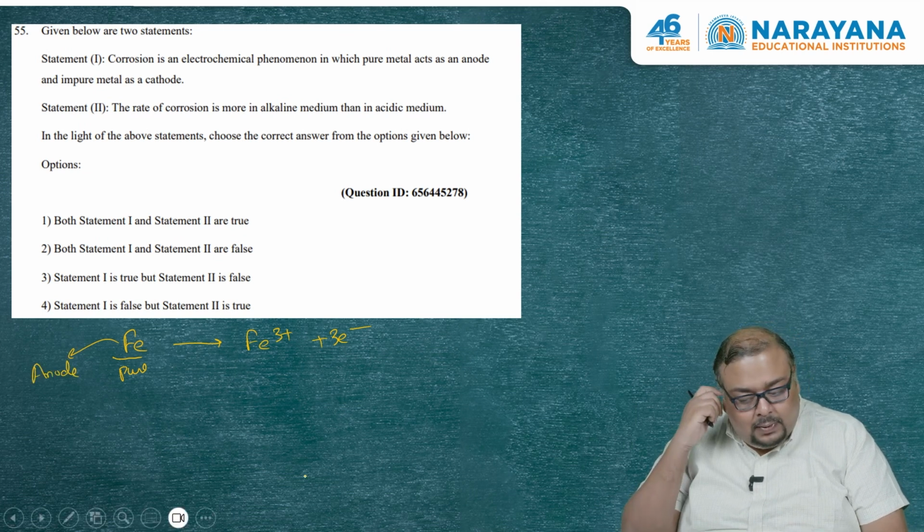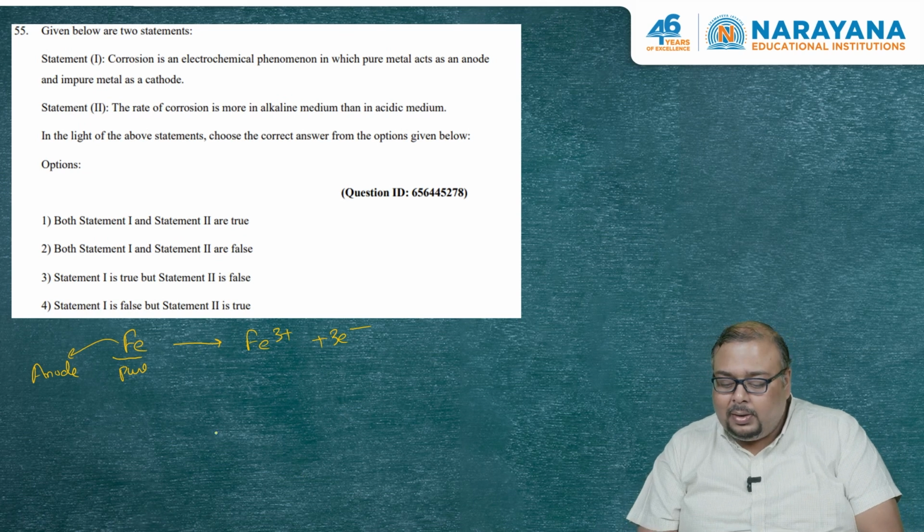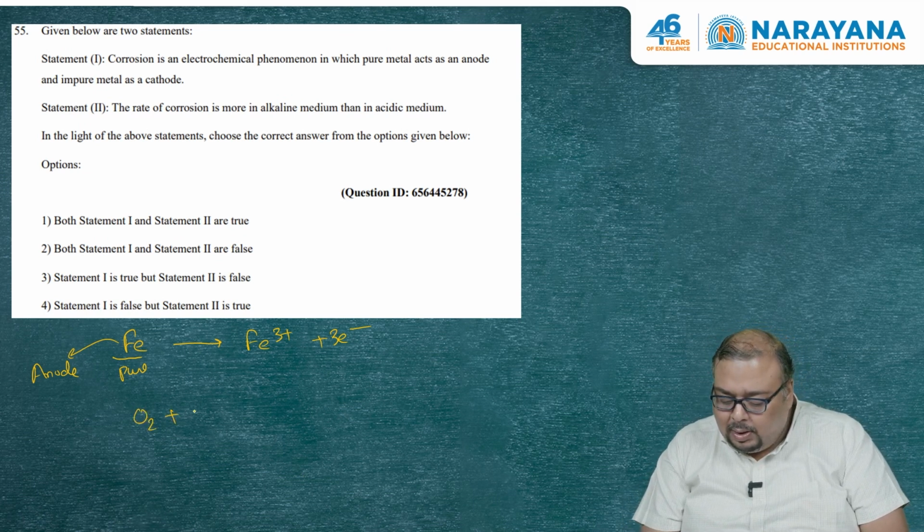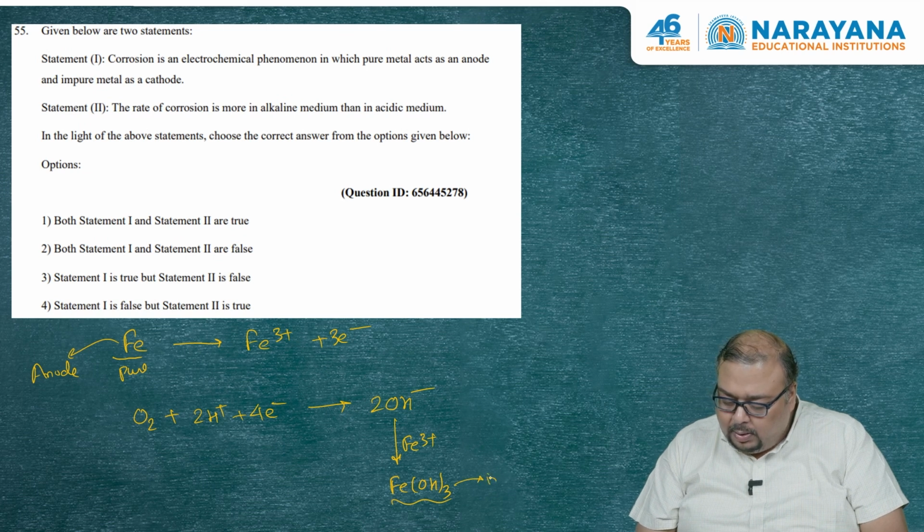So the first half, that pure metal acts as anode, is correct. Now what is happening is that the oxygen which is present in the atmosphere, in presence of H+ and electrons, will be giving OH-, and this OH- with Fe3+ will be giving Fe(OH)3, which will be deposited on the impure metal.